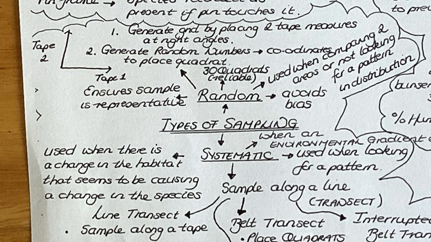And then you place the quadrats at the intersections of those random coordinates, and then you use a key to identify what is inside the quadrats. Then you record what you see inside that quadrat, and you wouldn't do this just once on a shore. You would set up a whole lot of those on a shore, and that would make your results a lot more reliable. So that is random sampling.